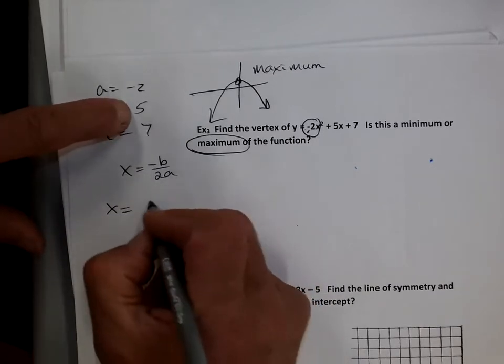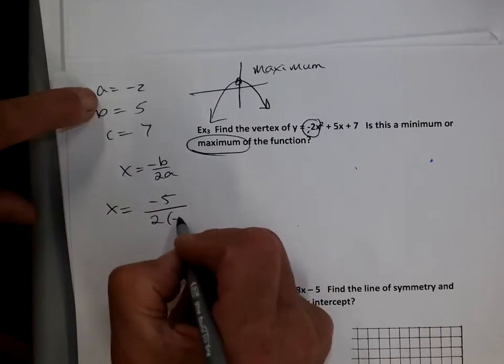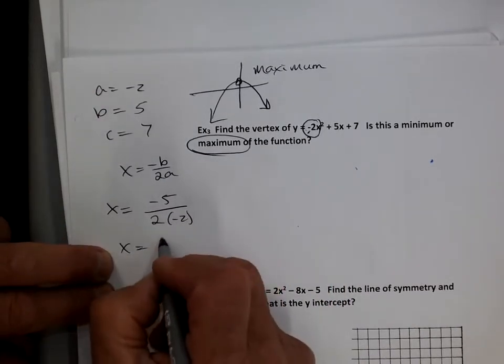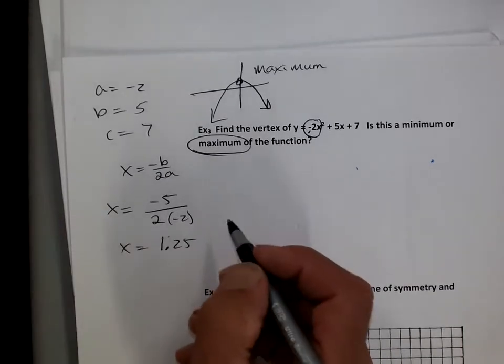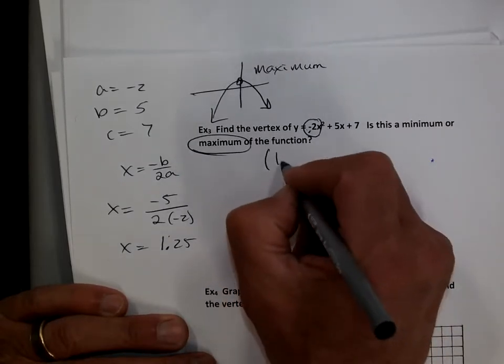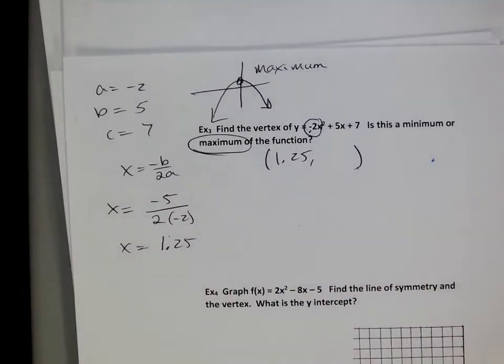Okay, negative b, so I've got a negative 5 over 2 times a, and a is negative 2, which gives me an x value of 5/4 or 1.25. Okay, so I want a vertex, right? So my vertex is 1.25, something.